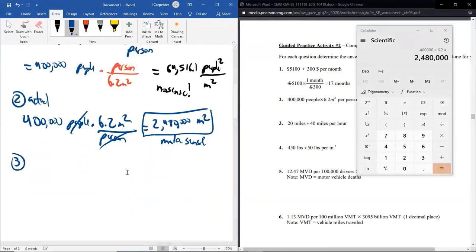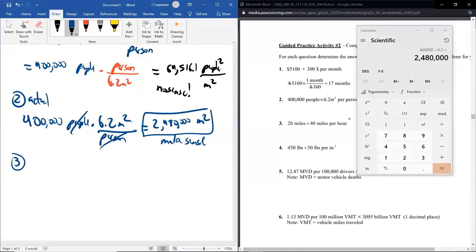So number 3. All right, we've got 20 miles and 40 miles per hour. So again, a word problem that might relate to it is you're in a car going 40 miles per hour and you've got to cover 20 miles. How long is it going to take you? Maybe that's the problem. So you have a car going 40 miles per hour on average, and you've got 20 miles to cover.